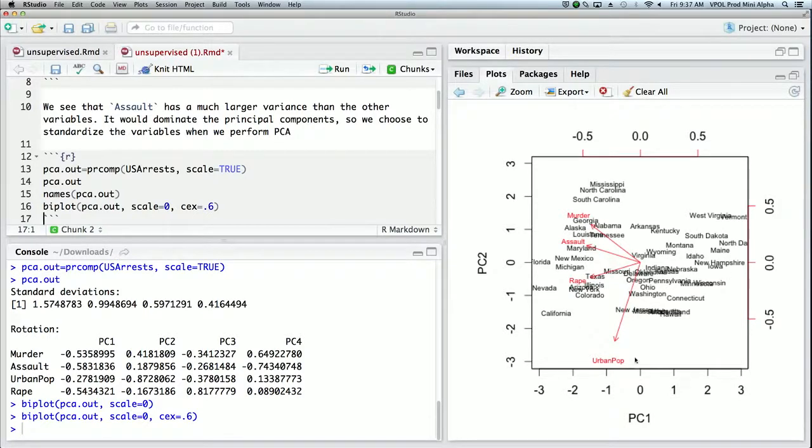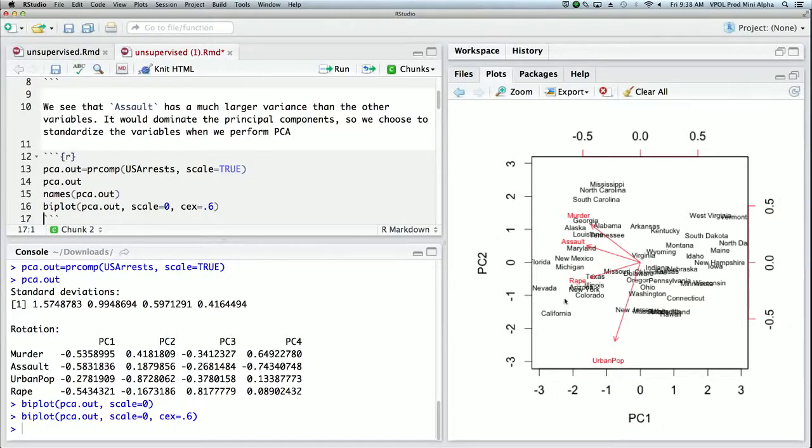And then the second axis we saw was mostly loaded with urban population. So this axis is really about whether the state has got a large urban population or not. That also had a negative loading. So New Jersey has got a high urban population. Arkansas is on the lower side. Mississippi, North Carolina, much lower.